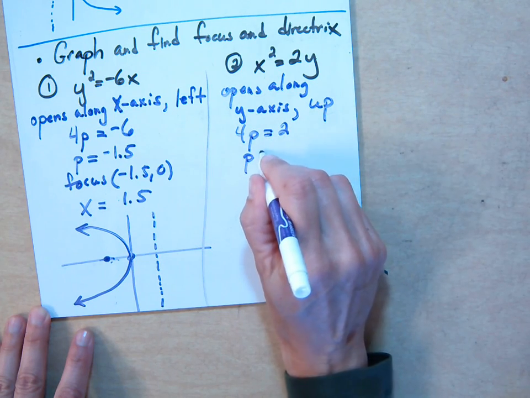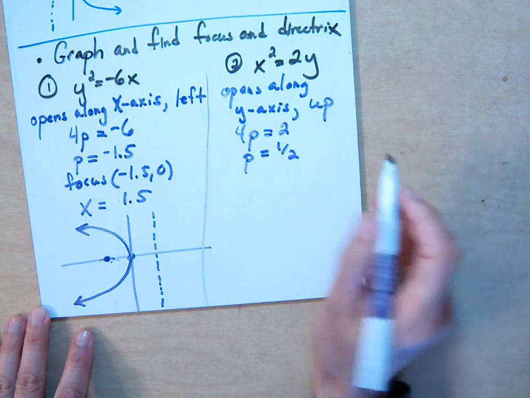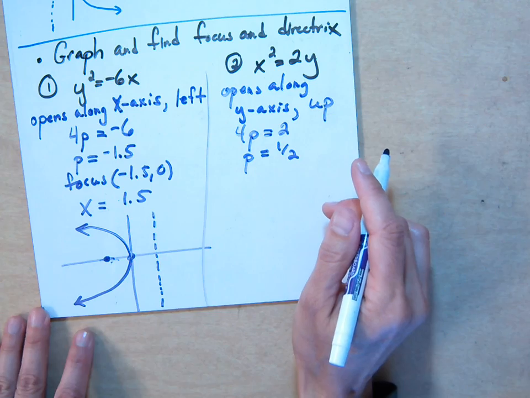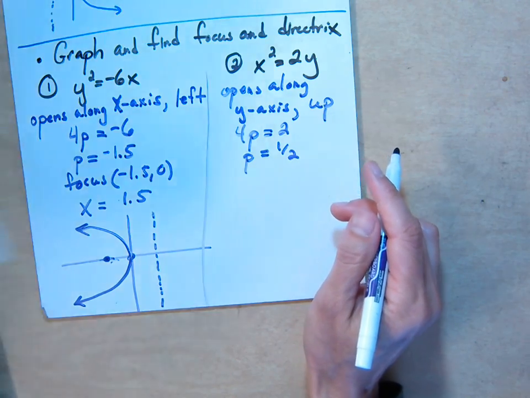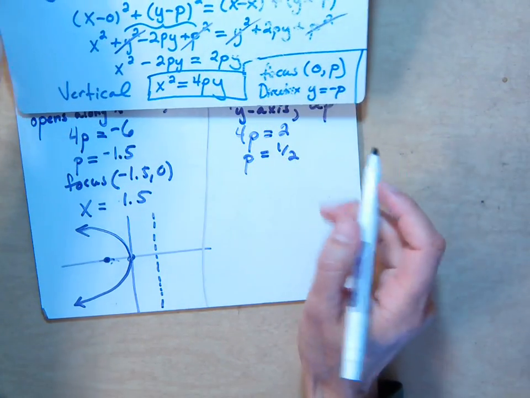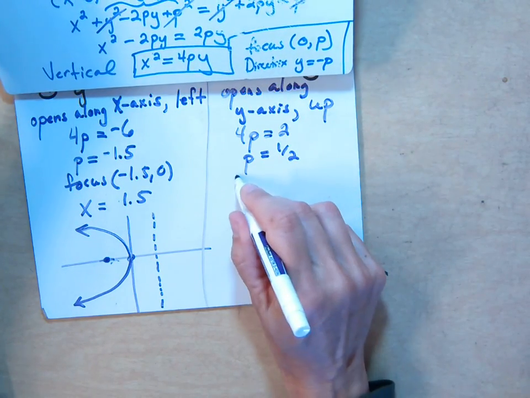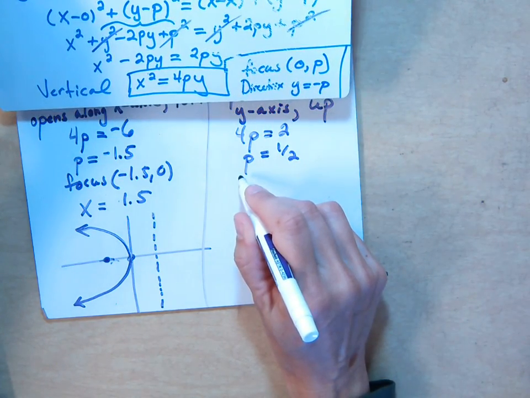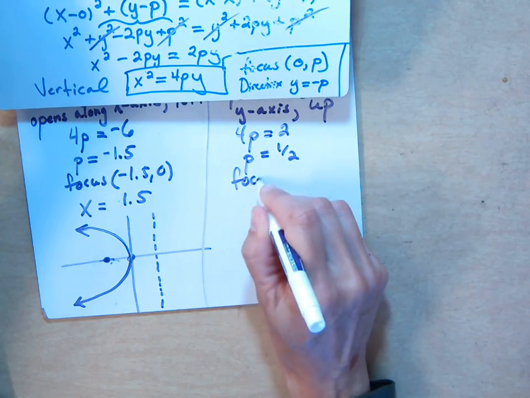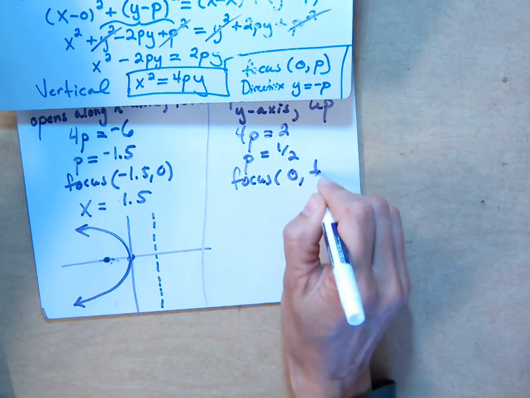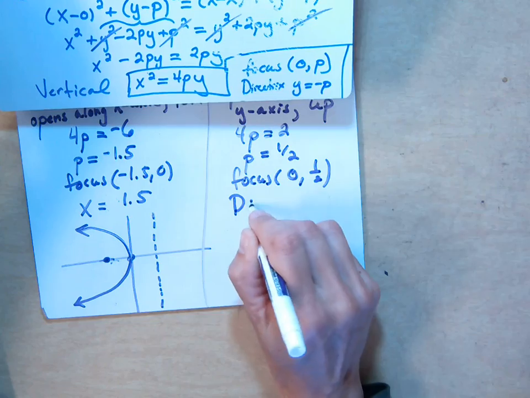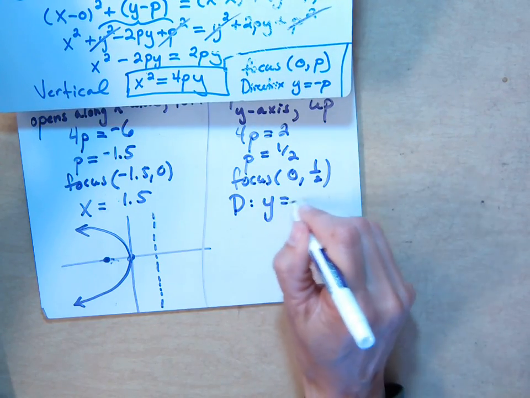So p is 1/2. So now you're using the other formula, which was here. So you're using x squared equals a constant. So the focus is 0, p. The directrix is y equals the opposite of p.